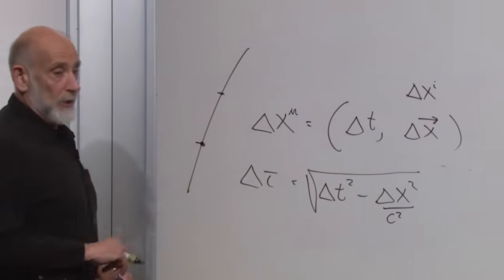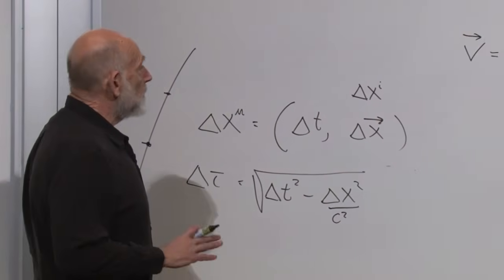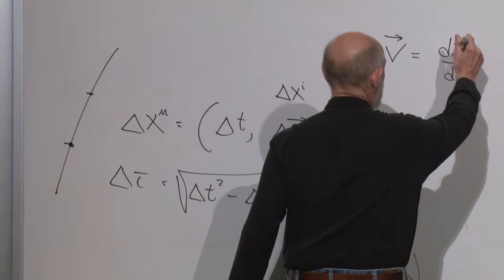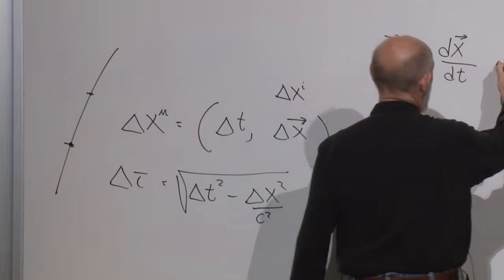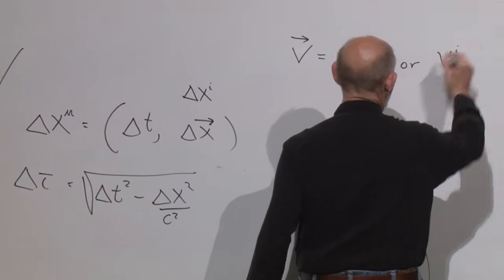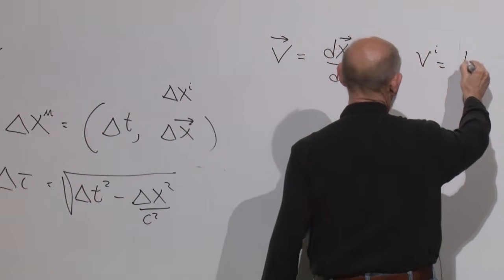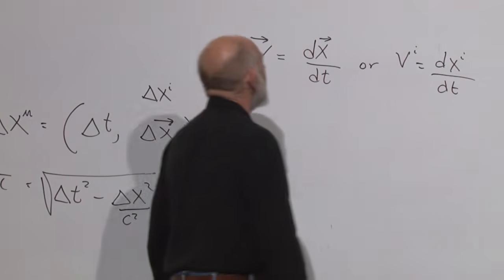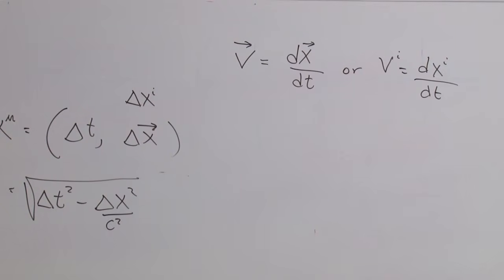That's a 3-dimensional notion of velocity. This should be written this way, or v i is equal to dx i by dt. All right, that's one notion of velocity.